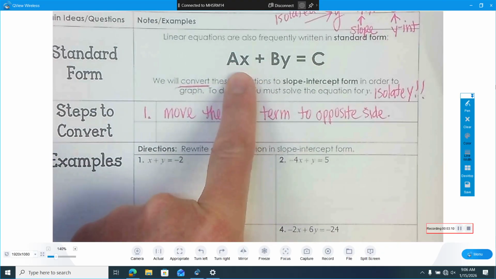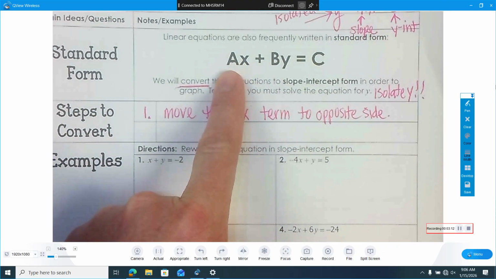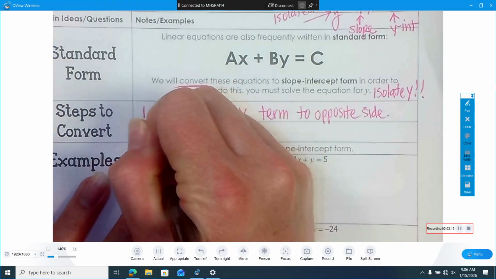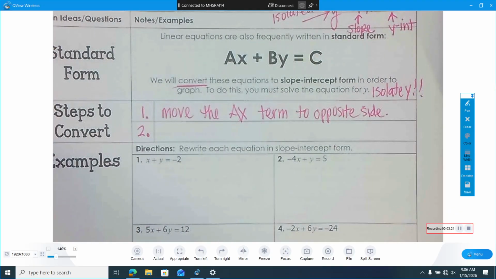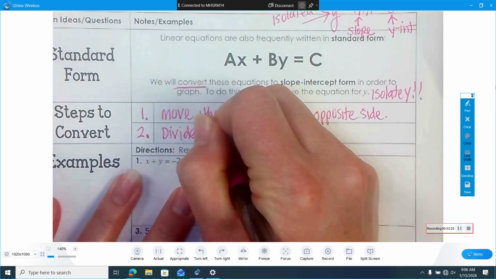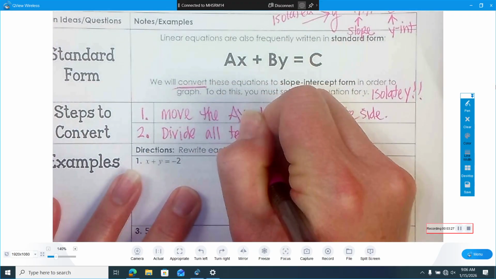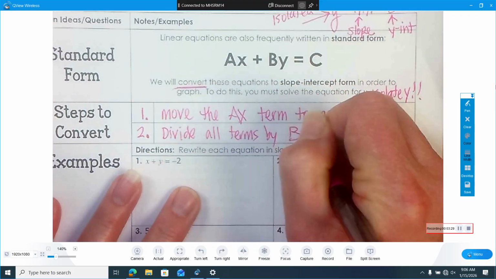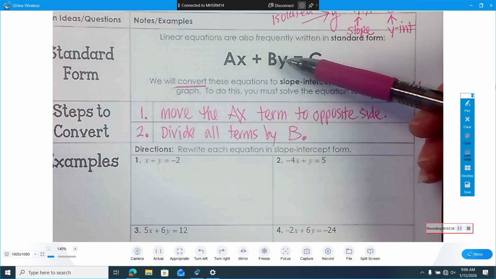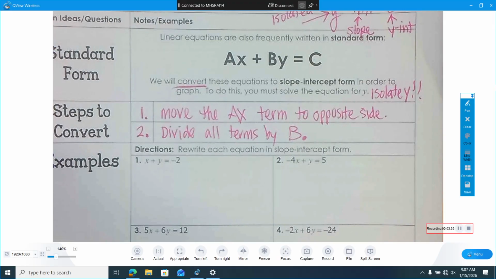We're going to take this AX term and move it to the opposite side of the equals. We've got to do that very carefully. Then our second step is to divide all terms by B. Whatever that number in front of y is, that B needs to disappear. So we're going to divide by whatever the B happens to be.